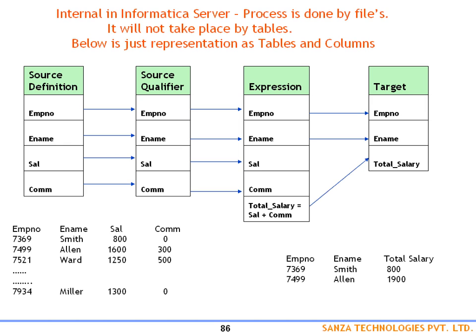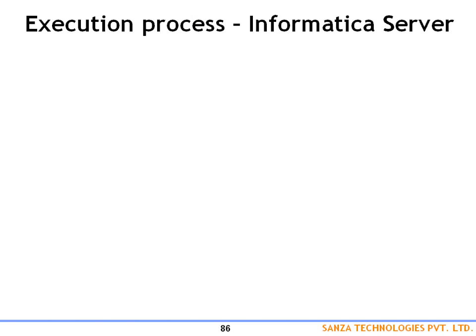So row by row, Informatica processes the data. Please understand this, very important. When the data processing takes place, Informatica server will do row by row process, extract the data and put it into the Informatica server. So row by row it will process the data.